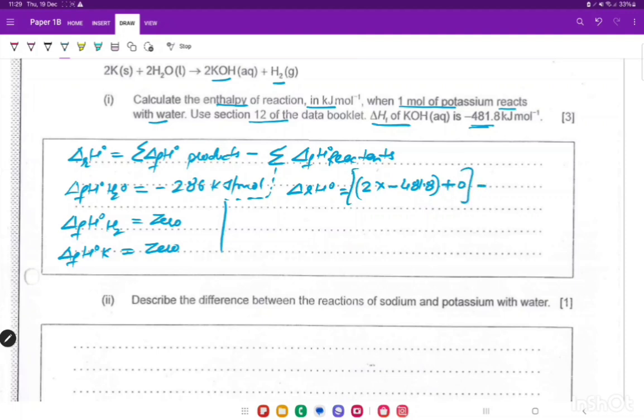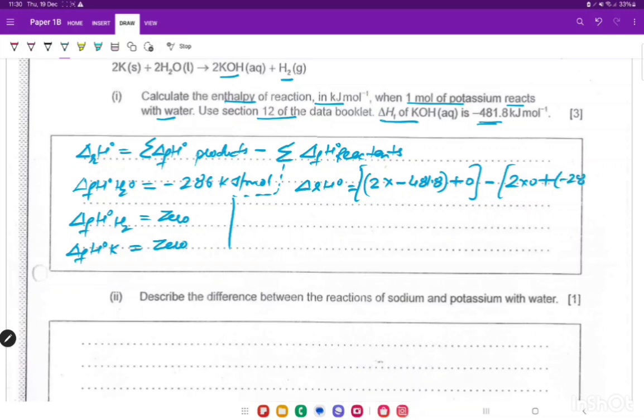This is the enthalpy of formation of products, minus 2 times 0 plus 2H2O. For 2H2O, the enthalpy of formation of water is minus 286, into 2.